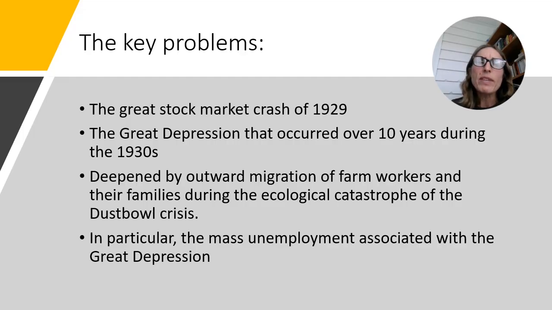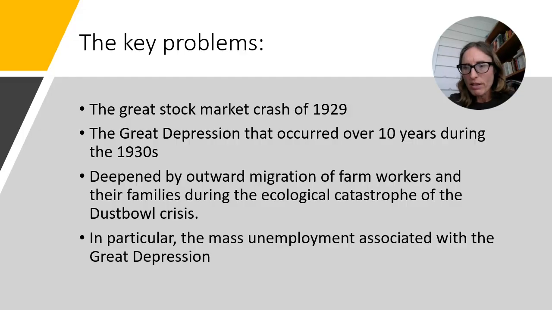We'll look briefly at how this was deepened by outward migration of farm workers and their families during the ecological catastrophe of the Dust Bowl crisis, depicted in stories like John Steinbeck's The Grapes of Wrath. In particular, we'll notice that Keynes's problem was primarily the mass unemployment associated with the Great Depression and associated with this catastrophe, which worsened the effects of the great stock market crash.